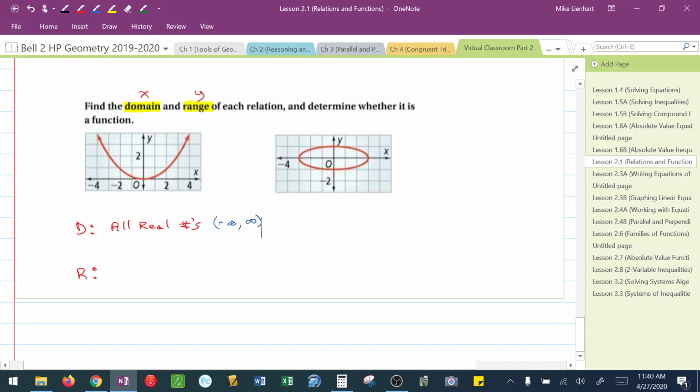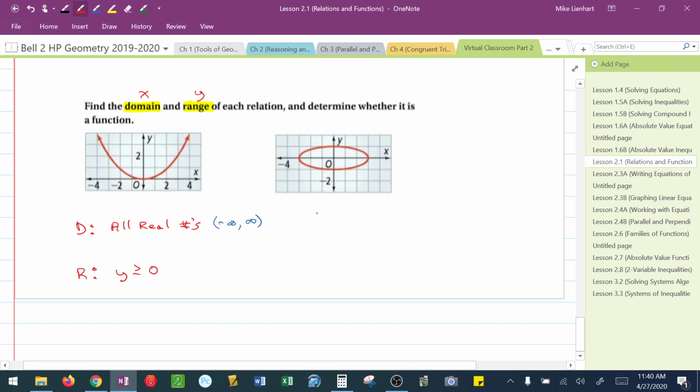That tells me that the range here is going to be y values that are greater than or equal to 0. Now, what about upward? It doesn't go lower than 0. Does it go above, or does it stop or have a ceiling to it? And it doesn't. That's what the arrows are indicating. Therefore, this is my range. All of my outputs in this picture will be y's that are greater than or equal to 0.